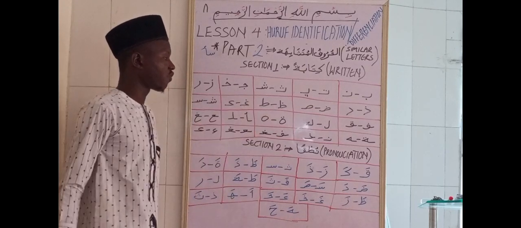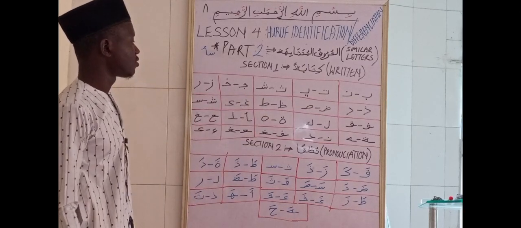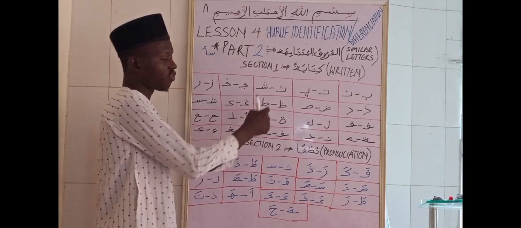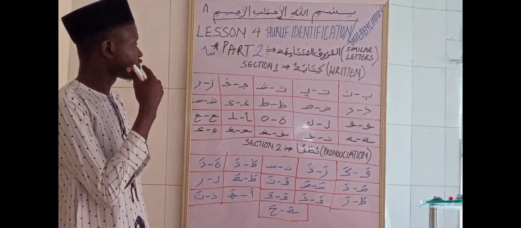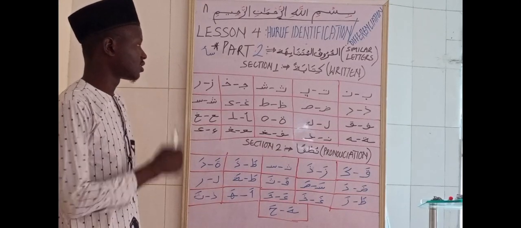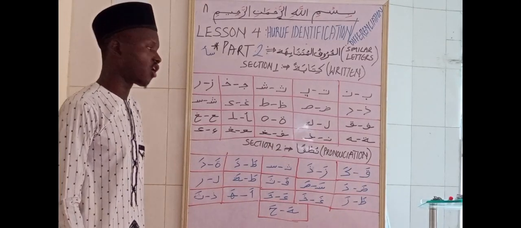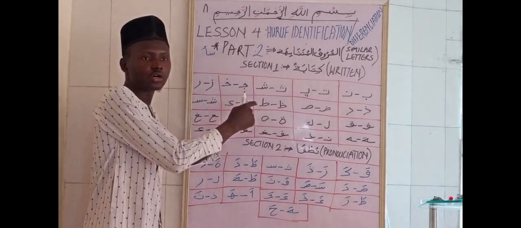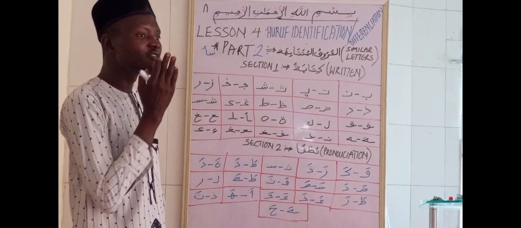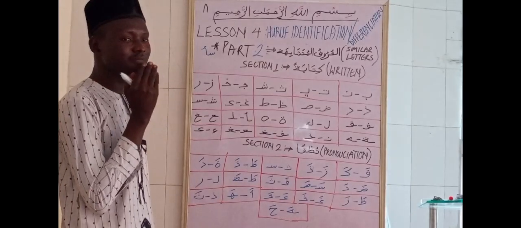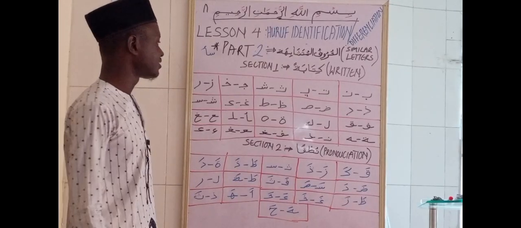For tha and dha, can you say tha? The frontal part of your tongue and the upper teeth. Dha, the frontal part of your tongue and the what? Frontal part of the palate behind the upper teeth.